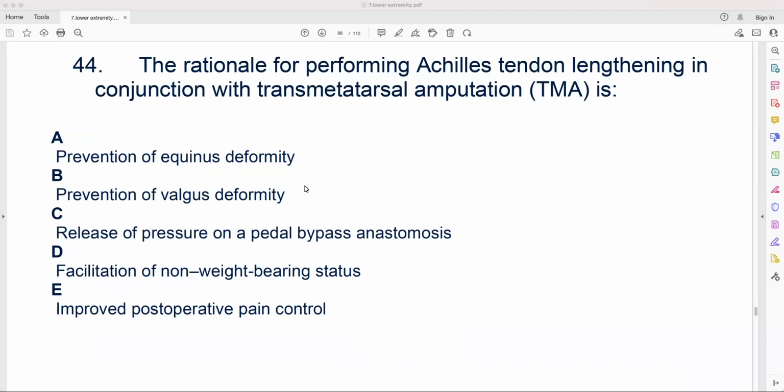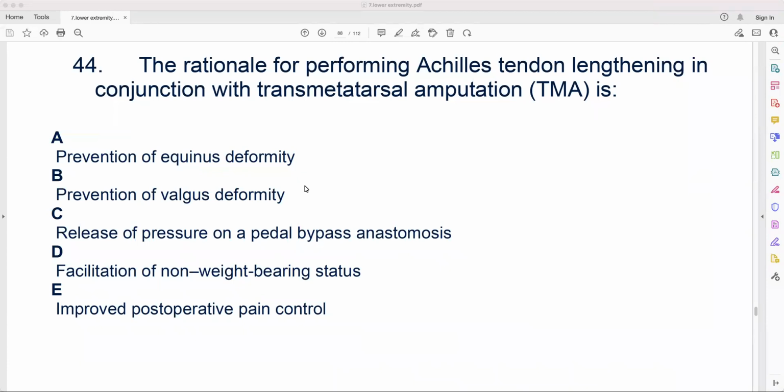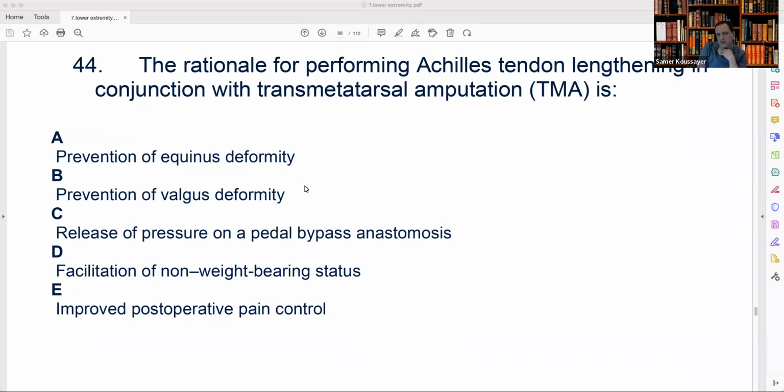We don't do it, but maybe we should consider it. I think I saw a patient like that with a severe equinus, and this is someone we need to refer. So this is something we can learn from, and this would be the answer.